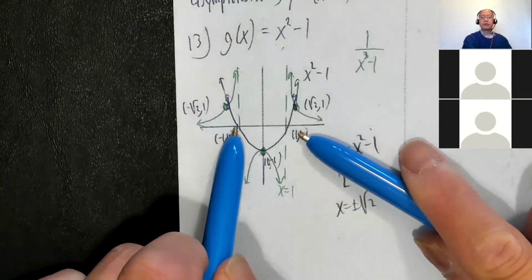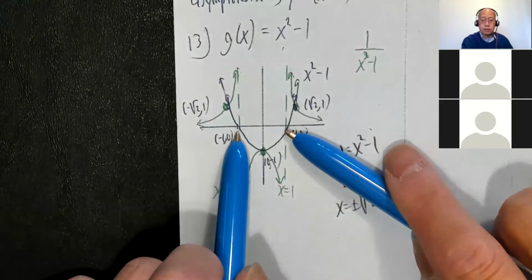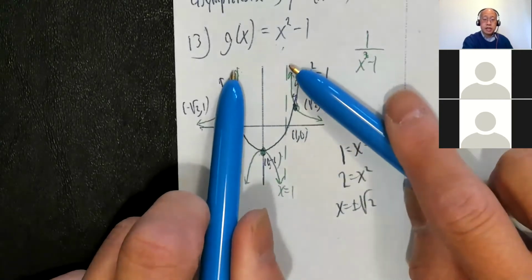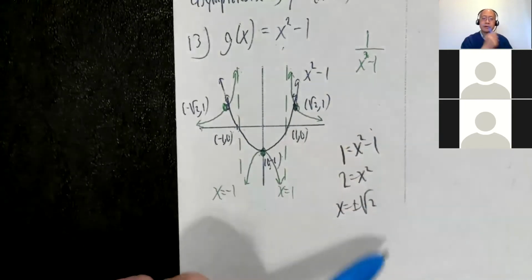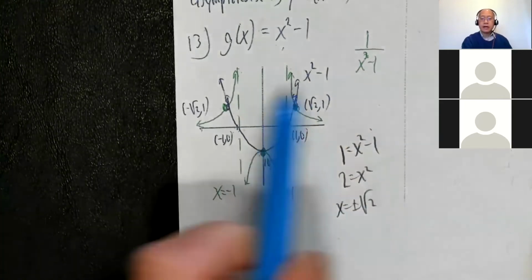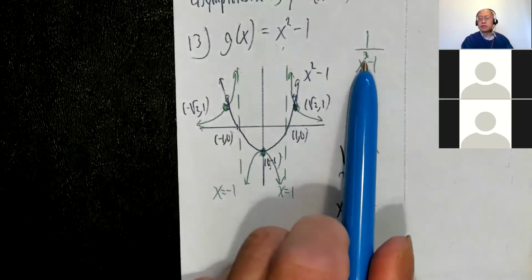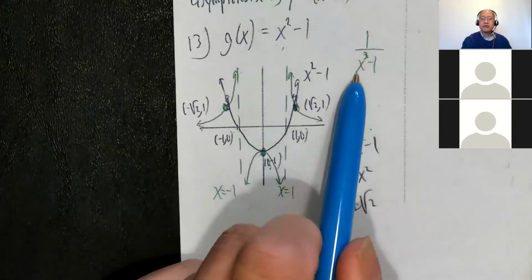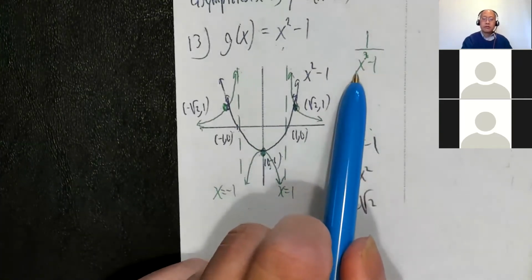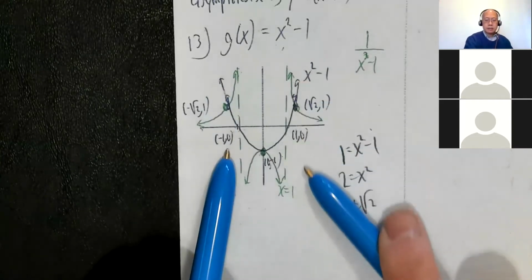All right, so now for the reciprocal function. Here, the original graph y is 0. Reciprocal: undefined. You can't have 1 over 0. Right? And you can tell, right? If you plug in 1, what do you get? 1 minus 1 is 0. 1 divided by 0, can't do it. Likewise, -1. -1 squared, 1. 1 minus 1, I get a 0 in the bottom, can't do it. So asymptote, asymptote.